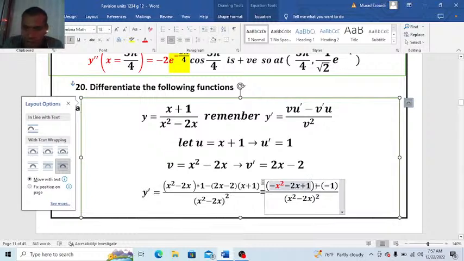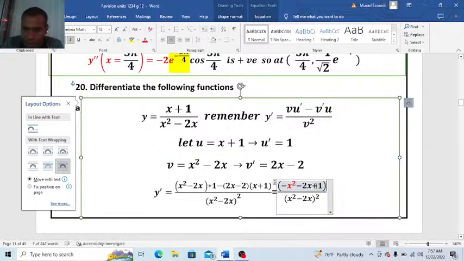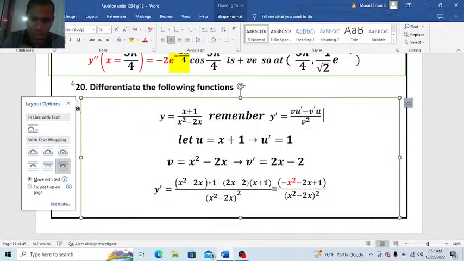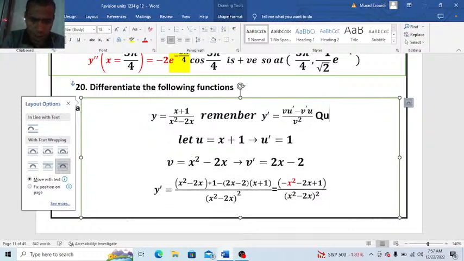Then I finish it now, finding my first derivative of the function y equals (x plus 1) over (x squared minus 2x) using the quotient rule. This one is called the quotient rule.